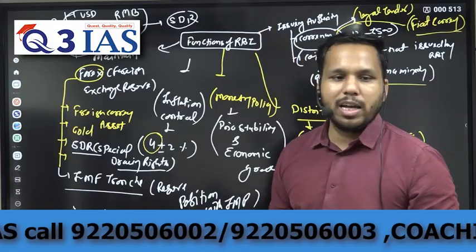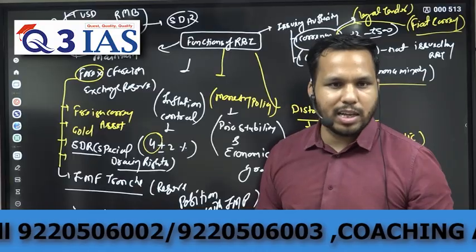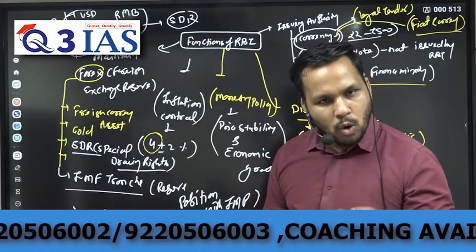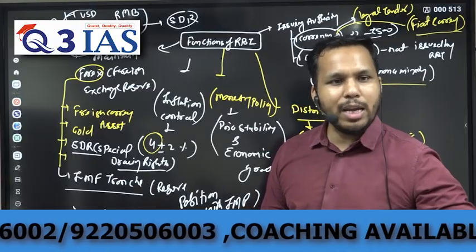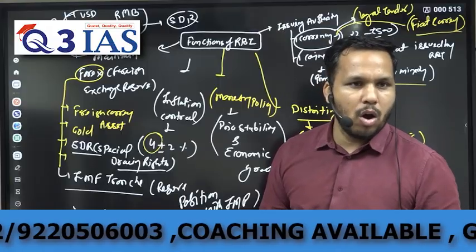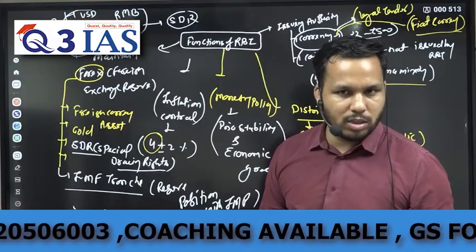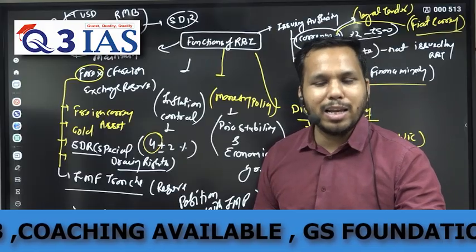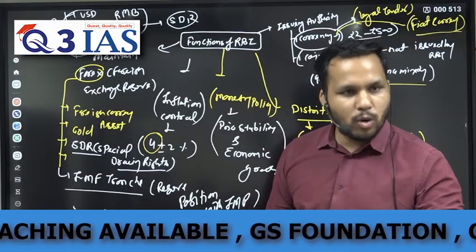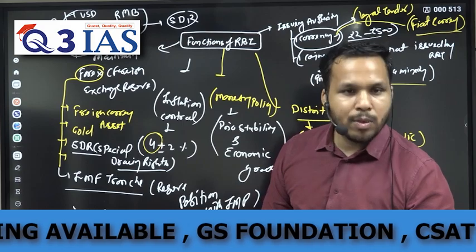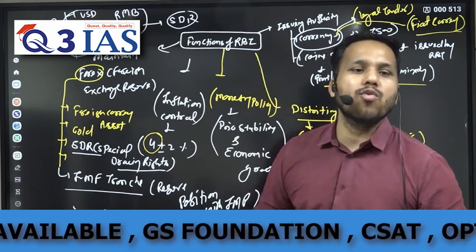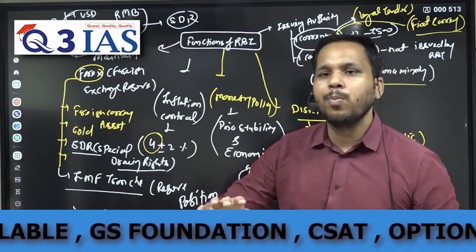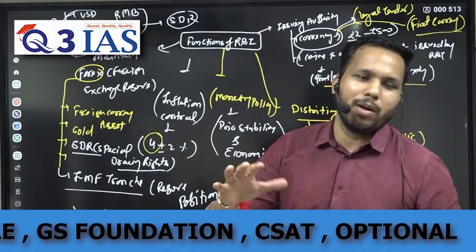And whatever amount you have deposited, you can use 25% of that particular deposit whenever you are stuck in a balance of payment crisis. So a country can use some amount from the IMF in some cases of crisis.